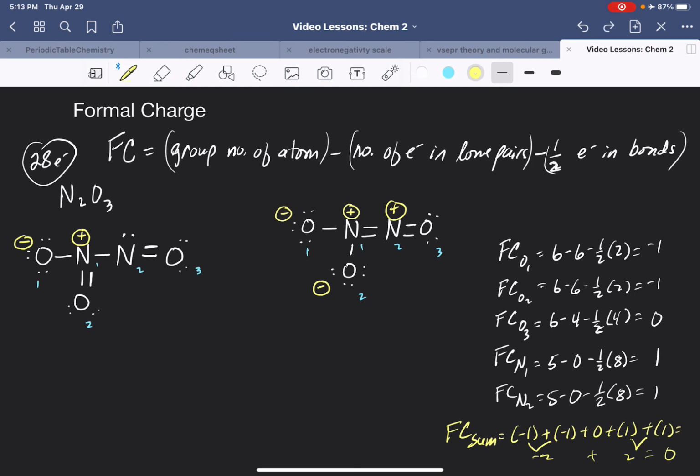The answer is no. And the reason why is this. It goes back to energy and what is going to occur that requires the least amount of energy. If this oxygen atom and this oxygen atom are both negative, that's putting a greater pull on the overall structure than just one oxygen having an overall net charge where the electron density for that oxygen is slightly greater.